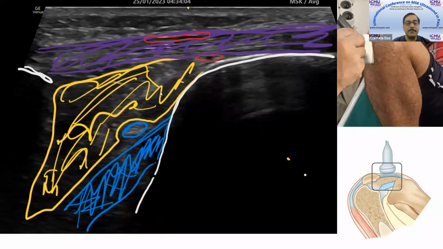This is your Hoffa's fat pad. I'll be showing you there are two layers, a superficial layer and a deeper layer. So as a whole, this is your Hoffa's fat pad. And if we look down a little bit, we'll be able to see a very bright hyperechoic structure, which is your intertransverse ligament, in cross section.